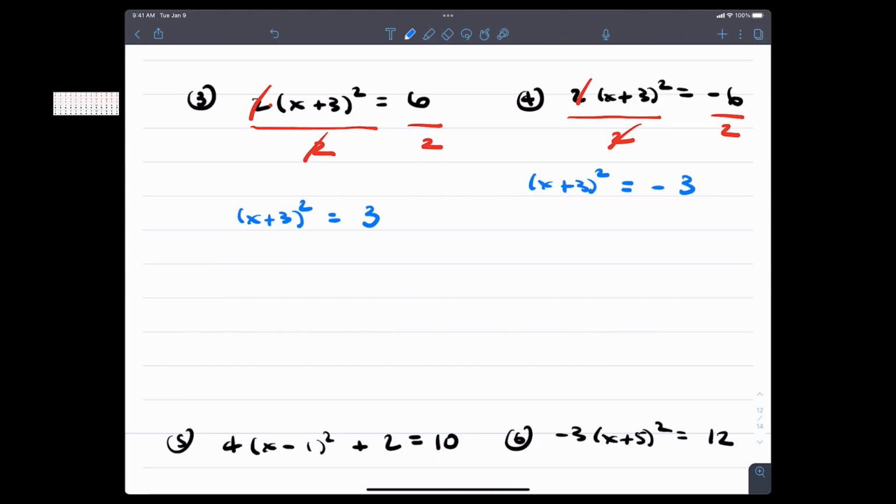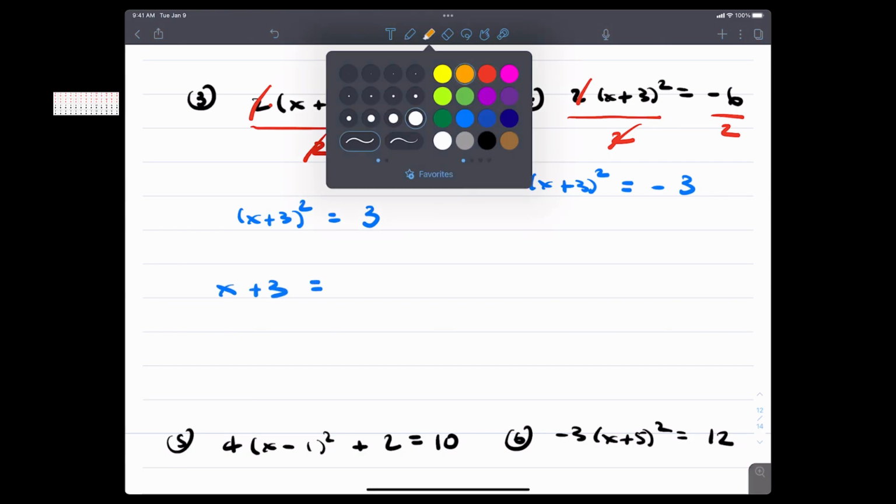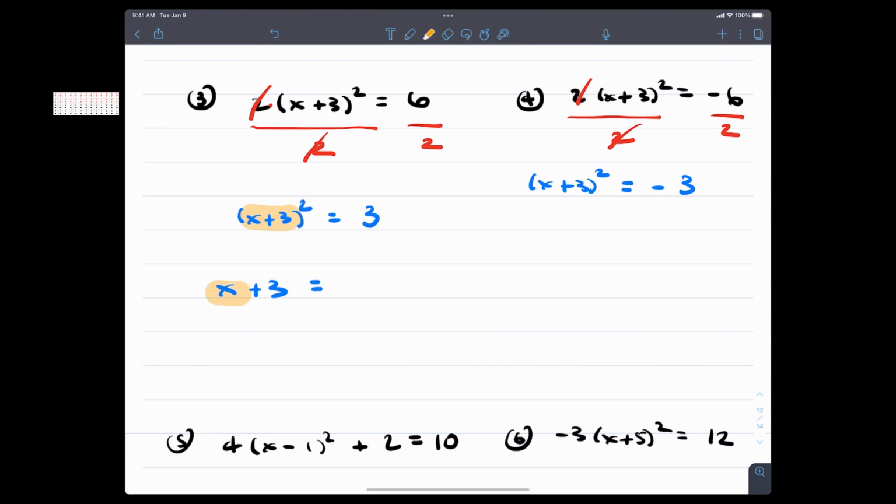So with these, you first have to do what? You first have to divide by those numbers. Now use the square root formula. X plus 3, remember, it's always whatever's there between that parentheses and the power 2. And you go, yes, always plus or minus. Now it's the square root of 3, ladies and gentlemen. Okay, and then over here, x plus 3 plus or minus the square root of what number?